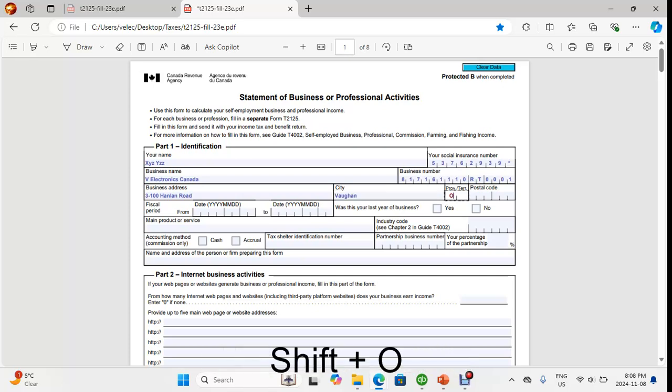The province is Ontario, and the postal code is L4L 4V8, for example. If you're not quite sure what the postal code is for your business address, you may verify it using Google Maps. You may also check your postal code on 411.ca, or your Canada postal code lookup tool.